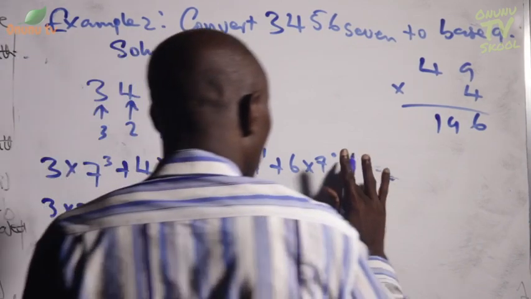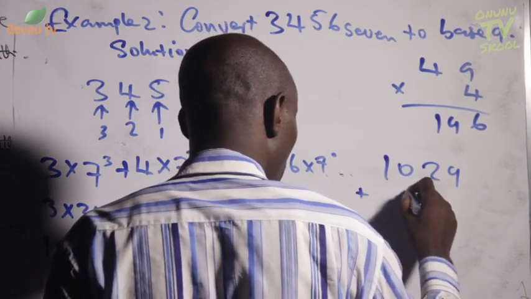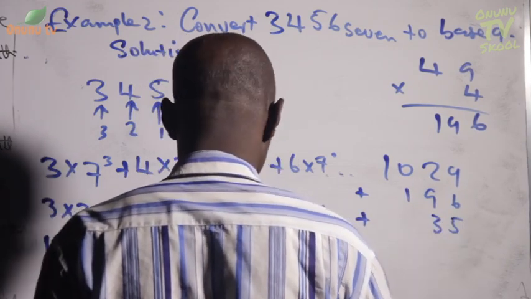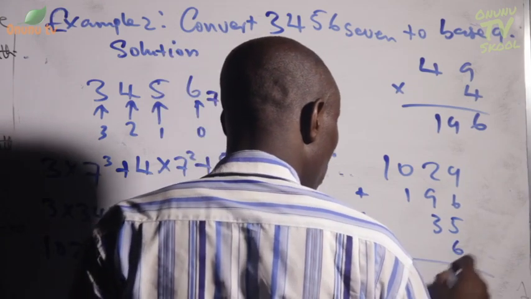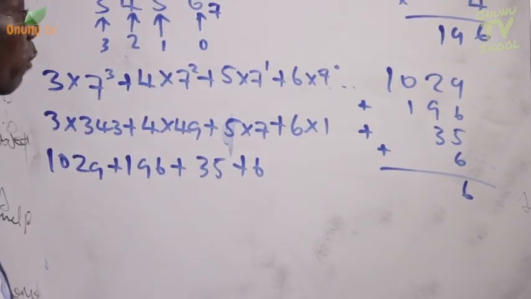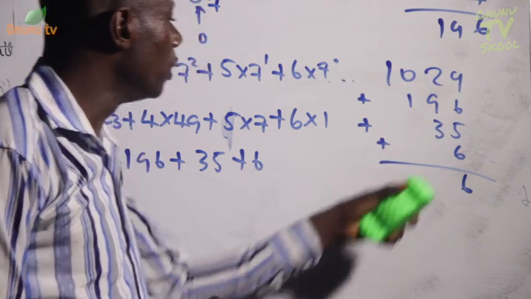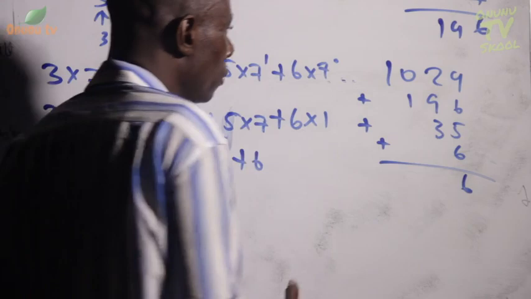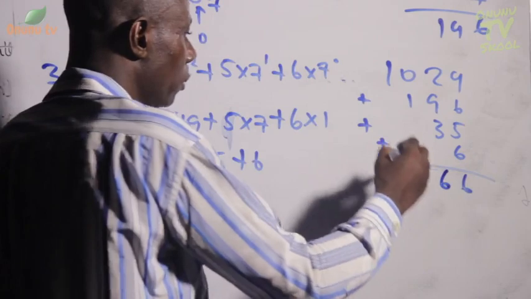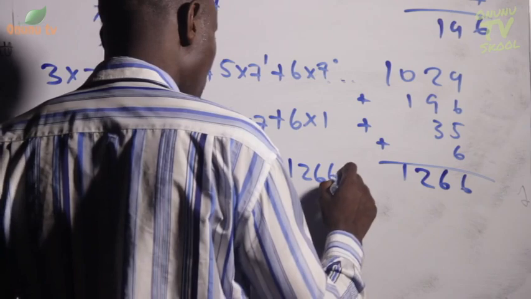We add together: 1029 plus 196 plus 35 plus 6. 9 plus 6 is 15, plus 5 is 20, plus 6 is 26. We write 6 carry 2. So this is equal to 1266 base 10.